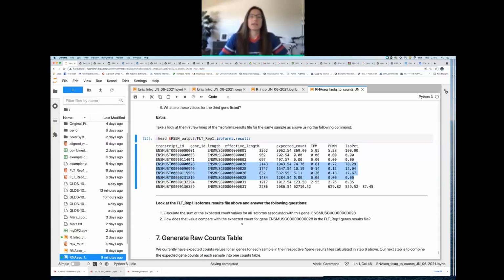That brings us to the end of generating counts. Before we put all these together, also, can you pipe the output of Unix head into pandas here? That is a question for Lauren. Good question.